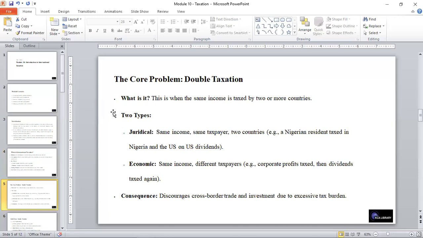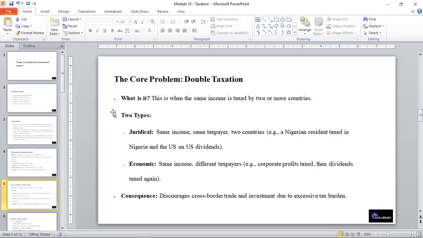We have two types of double taxation. We have juridical double taxation, which deals with same income, same taxpayer, two countries. An example of this is the Nigerian residence tax in Nigeria and the US tax on a US dividend.